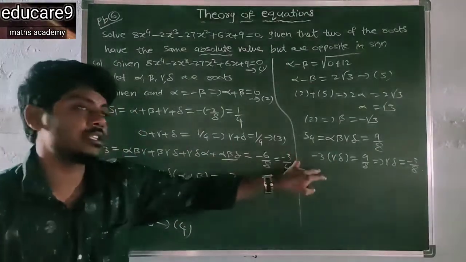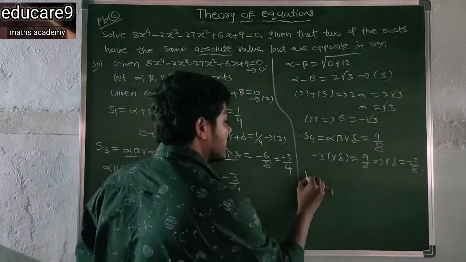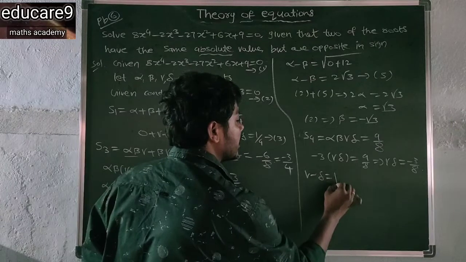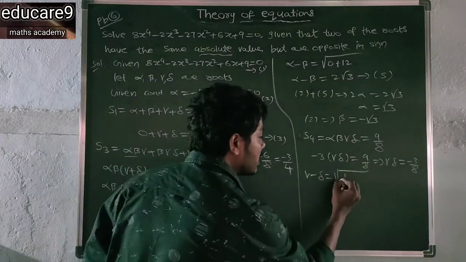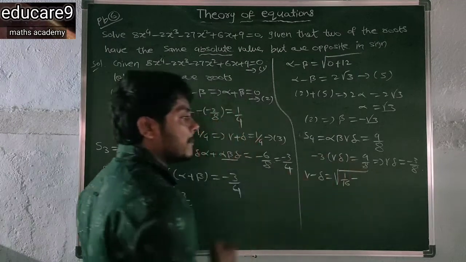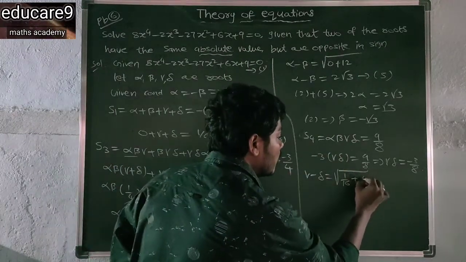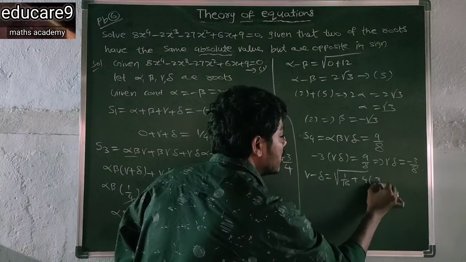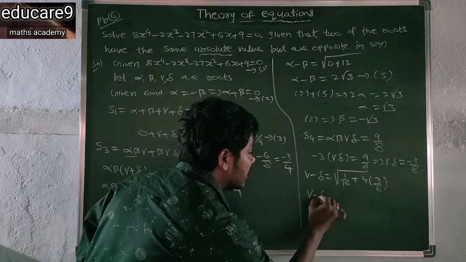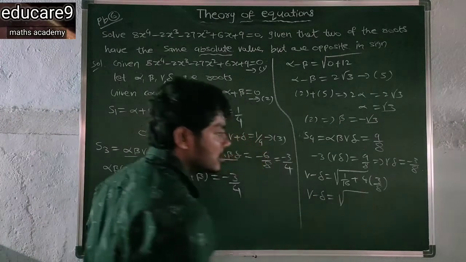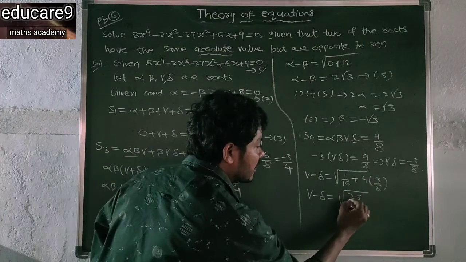So using these two, we can find gamma minus delta. So gamma minus delta is square root of gamma plus delta whole square, that is 1/16, minus 4 gamma delta, that is 4 into 3/8. So clearly gamma minus delta value is how much? So 1 plus, 25/16.